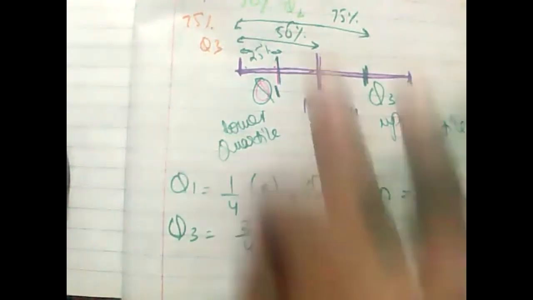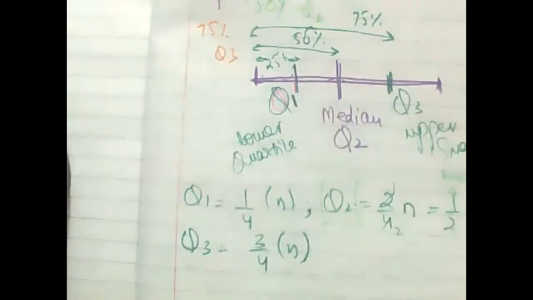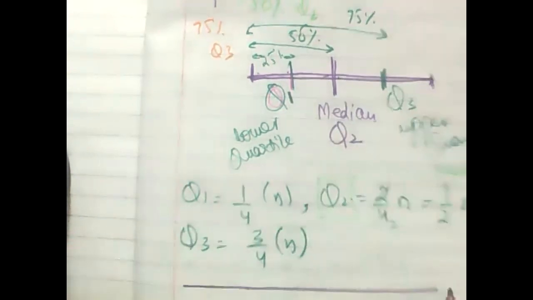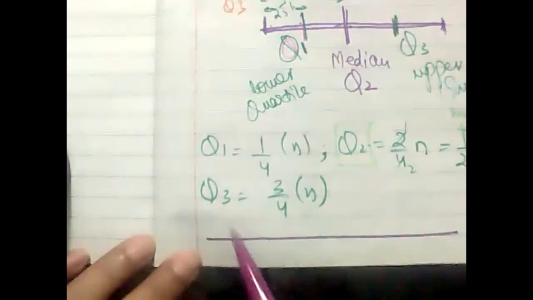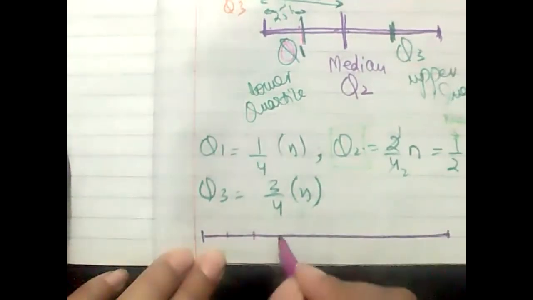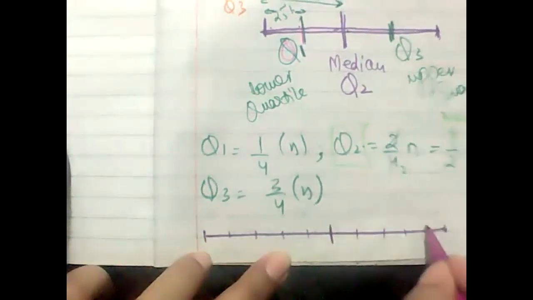Now, the same concept will be followed by decile. Decile means dividing something into 10 parts. For example, this is the start: 1, 2, 3, 4, 5, 6, 7, 8, 9, 10.